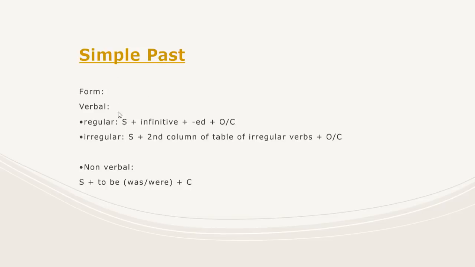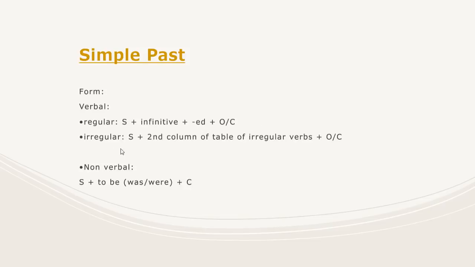Like the form, we have 2 forms, like verbal and non-verbal, or verbal and nominal. Sometimes people say this is nominal. Like regular: subject plus infinitive. When it is regular, we add ed plus object or complement.